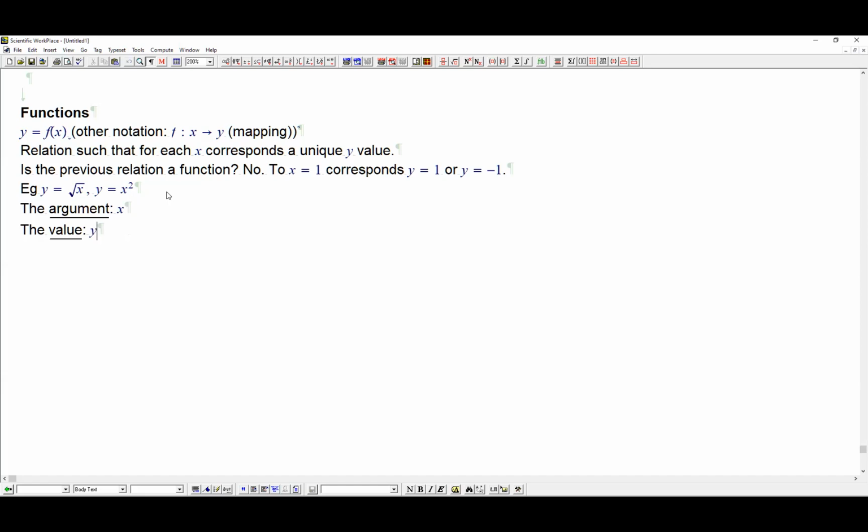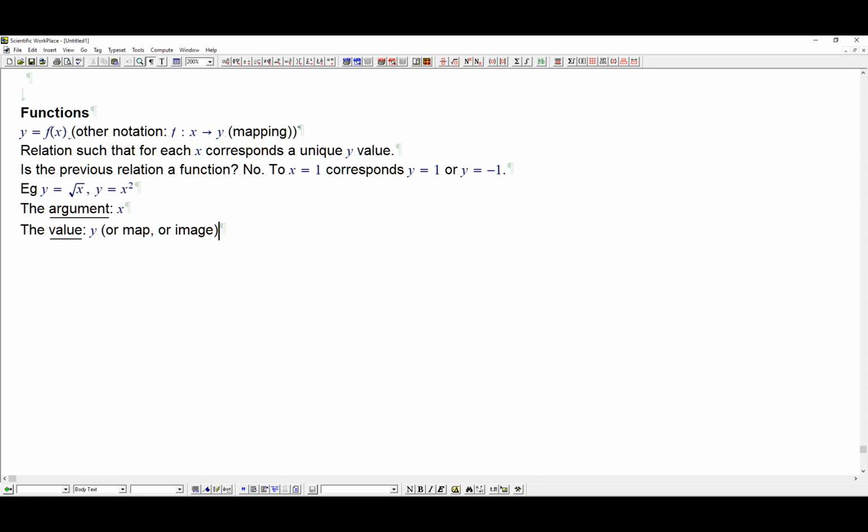I'm just thinking, y equals positive negative square root of x doesn't work because two values of y come from one value of x.